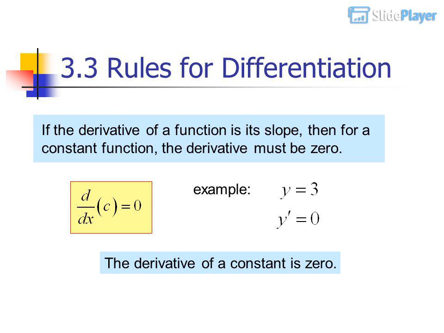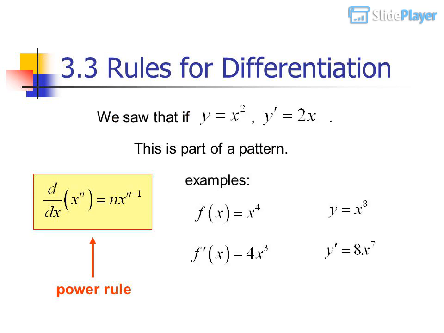3.3 Rules for differentiation. If the derivative of a function is its slope, then for a constant function, the derivative must be 0. Example: the derivative of a constant is 0. We saw that this is part of a pattern. Examples: power rule.